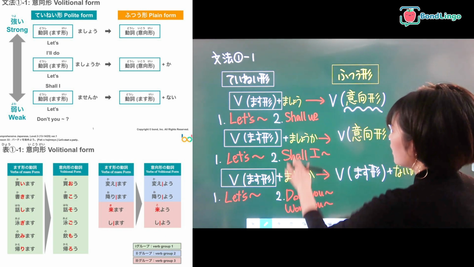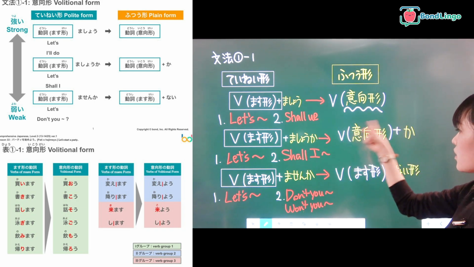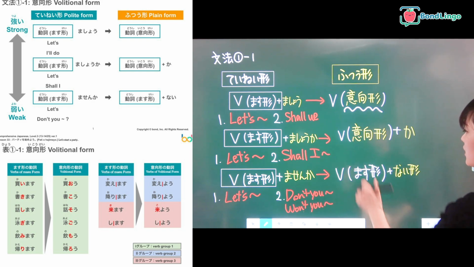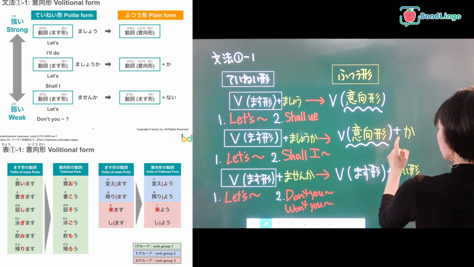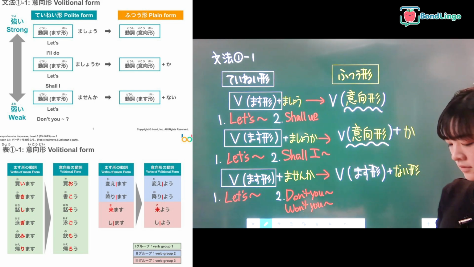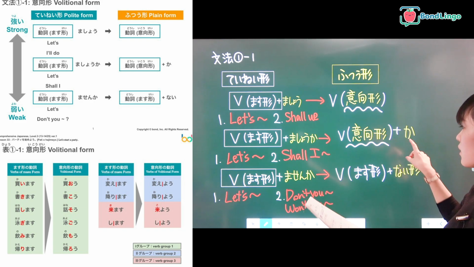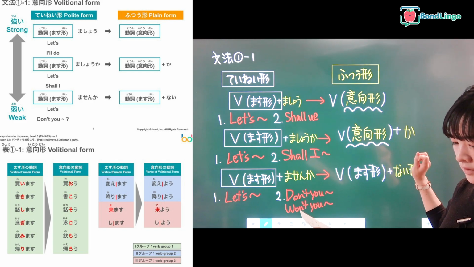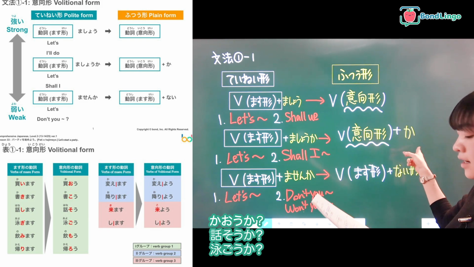Okay, next one. ましょうか, the plain form of ましょうか becomes 意向形 volitional form plus か. Okay, so look at the table, please. 買おうか. Okay, 意向形 is 買おう, to buy, 買おうか.